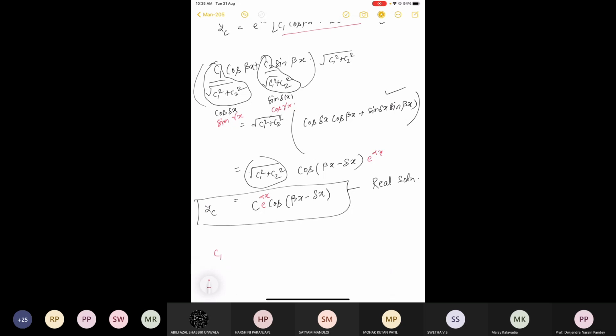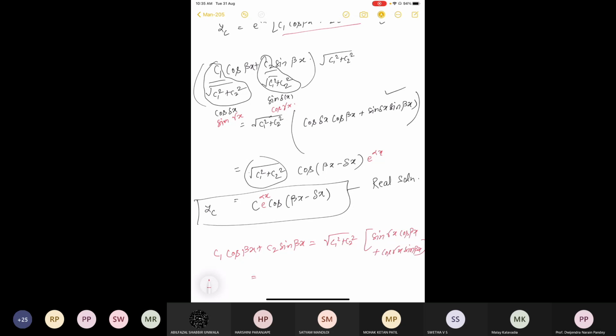So it means that c1 cos of beta x plus c2 sine of beta x I'm writing as under root c1 squared plus c2 squared times (sine gamma cos beta x plus cos gamma sine beta x).